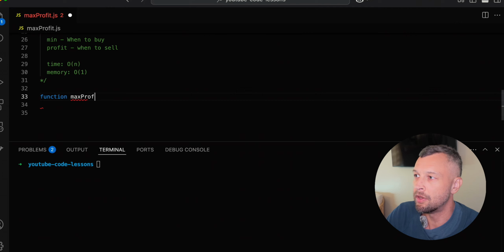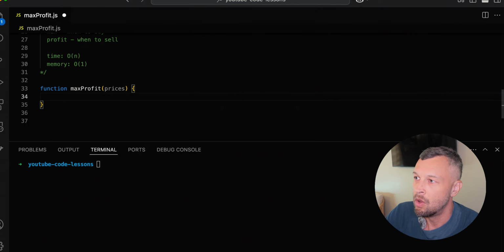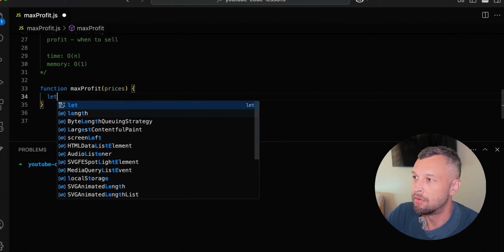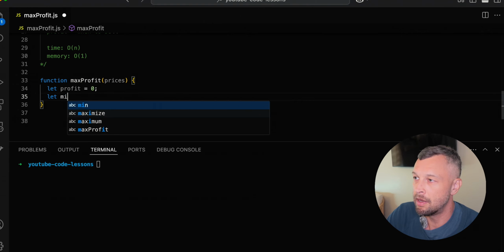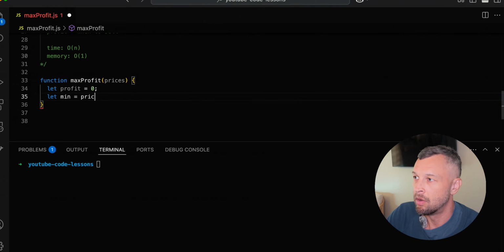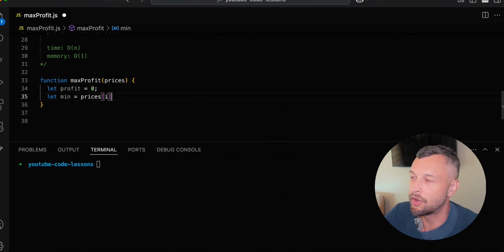We've got our max profit. We're passing in prices. We want to keep track of first profit, which is 0. And then min is going to start at the first item. We could also set this to some large number.